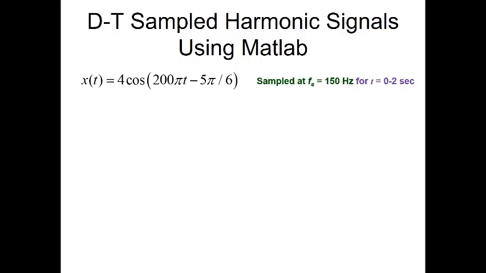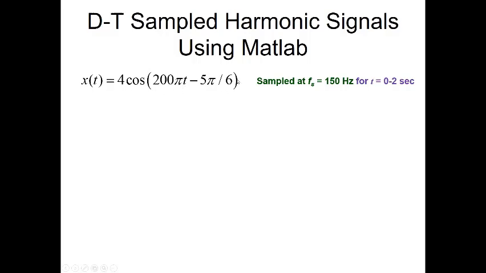So just as we described the way we convert a continuous time signal to a discrete time signal, we replace the time argument with integer multiples of the sampling interval, n t sub s. In our MATLAB, we would want to replace this time argument only with discrete values, t sub s, 2t sub s, 3t sub s, and so on.